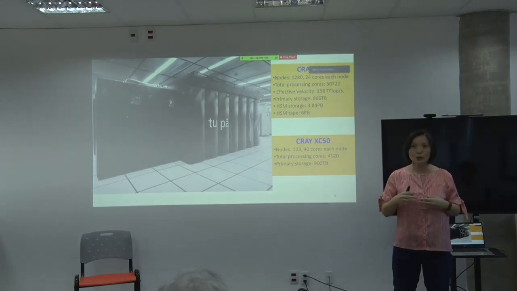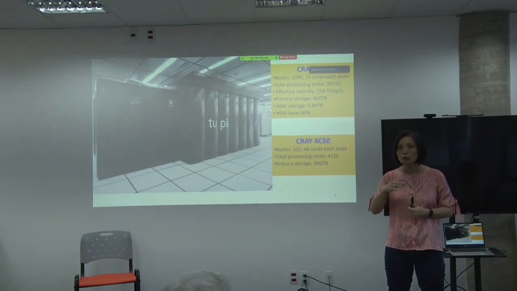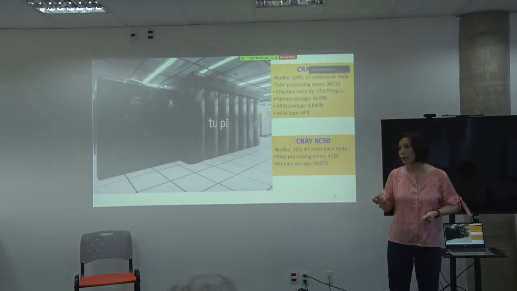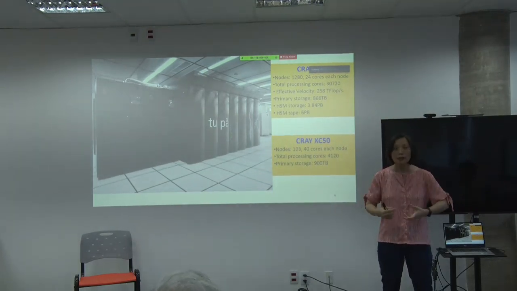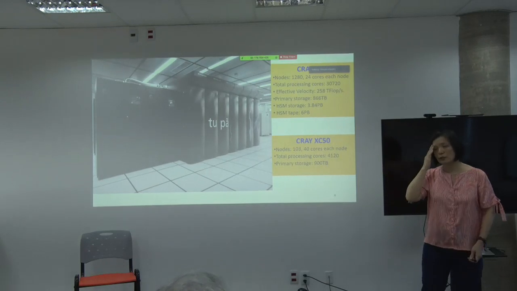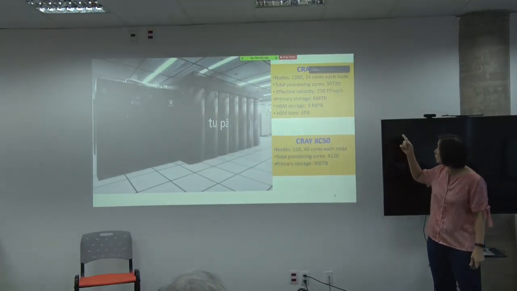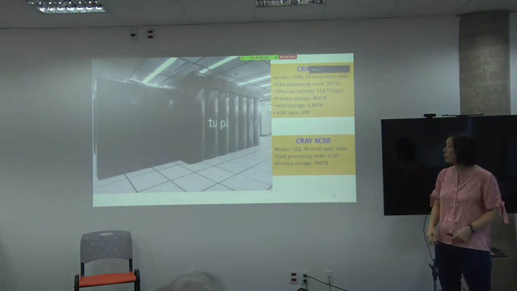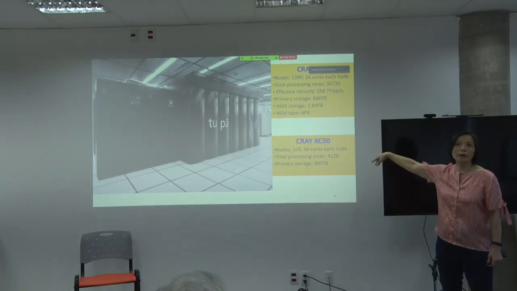To do NWP, numerical weather forecasting, we need a supercomputer in order to have the output in useful time. So we have this infrastructure of a supercomputer. There are two systems. One is the Cray XE, which looks bigger, but actually they are not comparable.